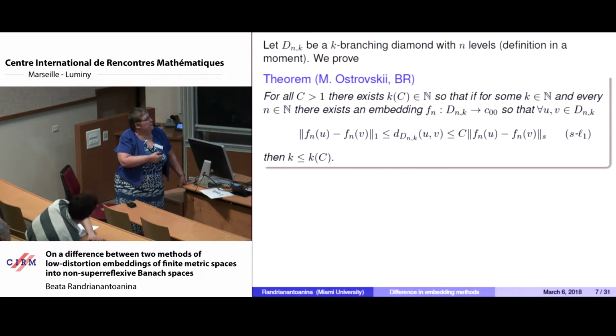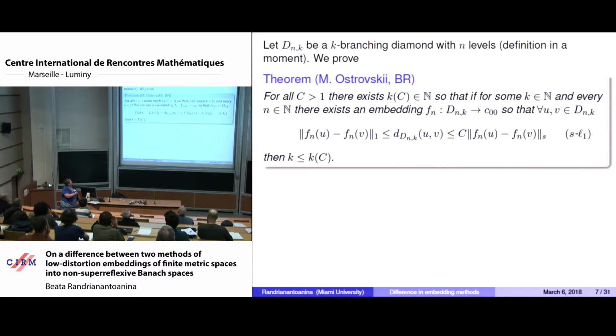And the proof that we have is that imagine that we embedded this metric space into c00 in a way that would lead to the embedding by factorization method. And then we prove that that means that there is a bound on the number of branches that it could allow.